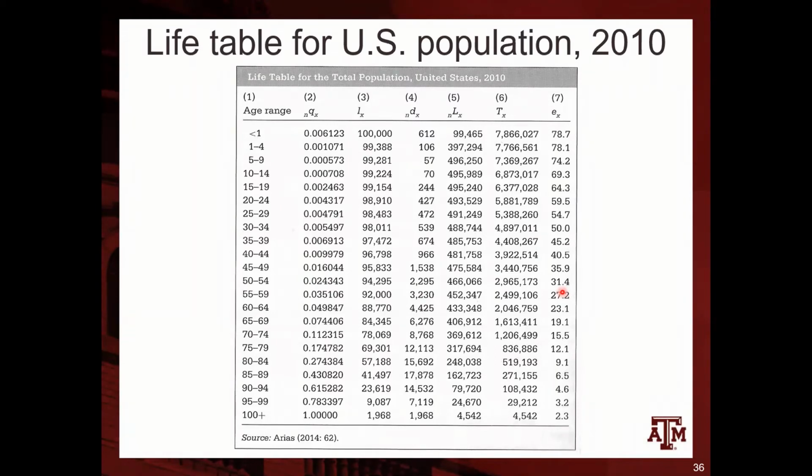Right? 31.4 here, plus 50, 81.4. 81.4 is greater than 78.7. Why? Because that person was exposed to the chance of dying in previous years and didn't.